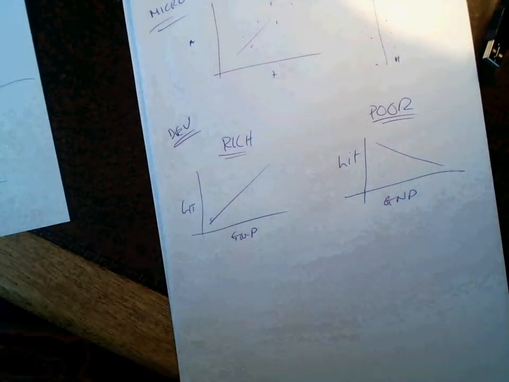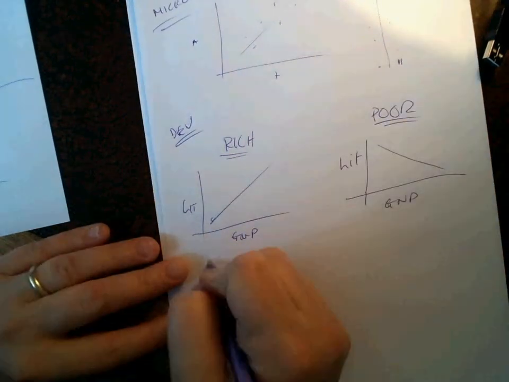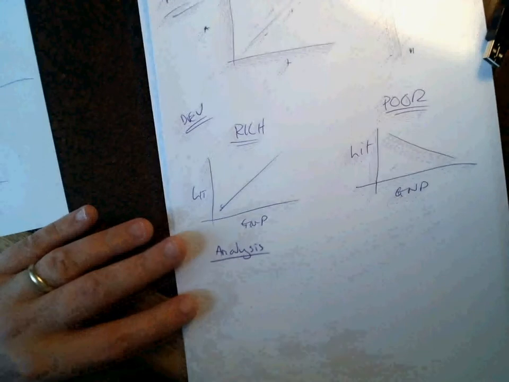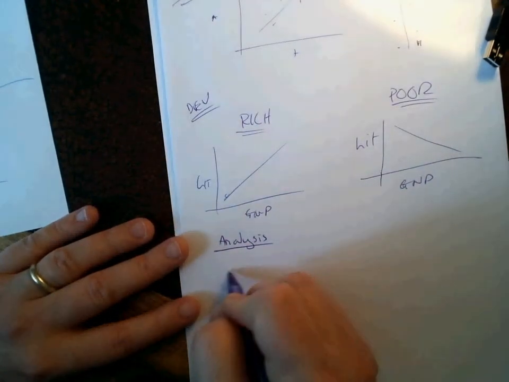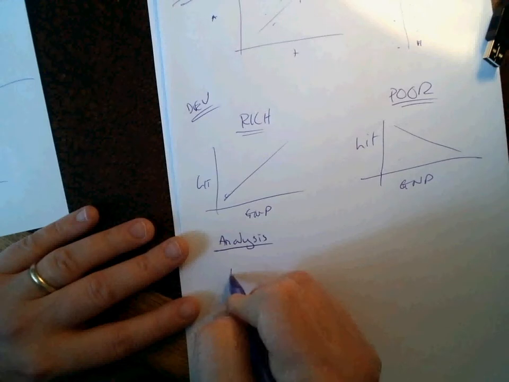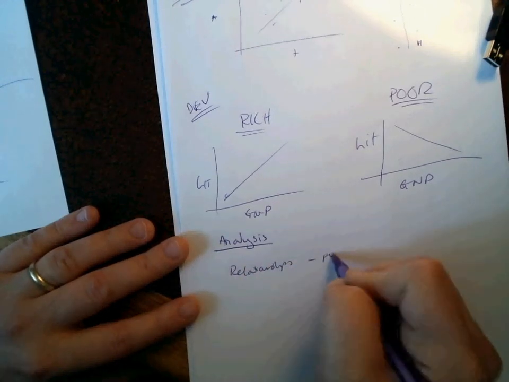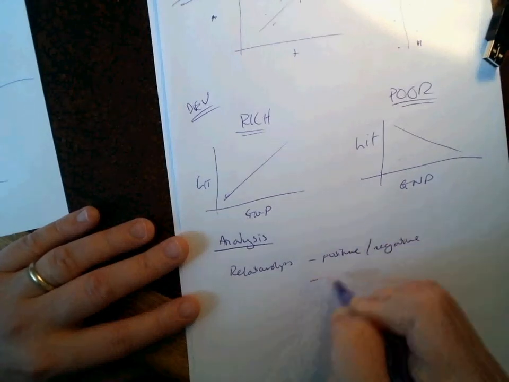This is going to have a subheading, which is analysis, and underneath it you're going to say that the graphs have relationships. Those relationships are positive or negative. Are they strongly positive?